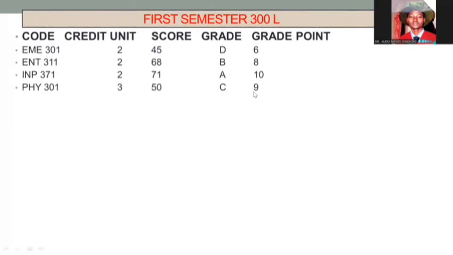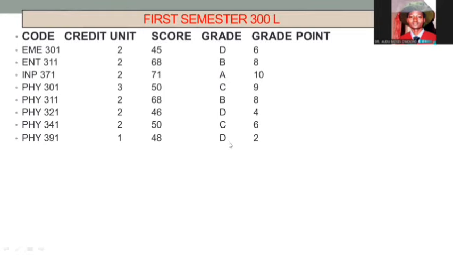Another 300 level course, he earned 9 points, 3 credit unit. From another course, PHY 311 is a 2 unit course, score 68, which is B, he earned 8 points. Another course, D, 4 points, C, 6 points, D, a 1-unit course, 2 points.